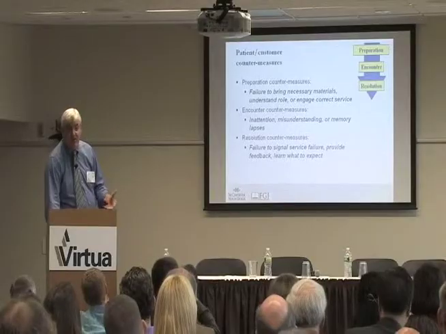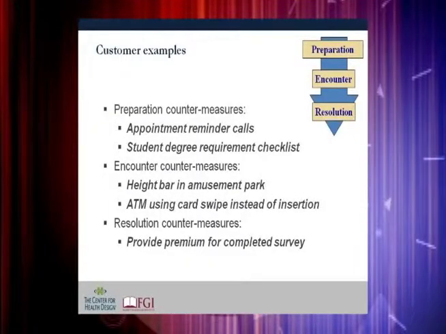You always get the little piece of paper that tells you what to do with your medications because they know you may not be thinking about it at the moment they're giving a long explanation about it. And then resolution countermeasures, which is a failure to signal service failures or provide feedback or to learn what's expected. And there are some examples of that. The height bar in the amusement park, to make sure that you have to be this tall to ride on the ride. So those are some general ideas on both the provider and the patient mistake proofing.